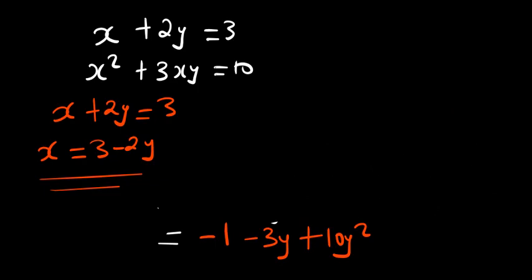So I don't have a calculator. Let's see if we can solve this one using factorization. So let's say 10y squared minus 3y minus 1. Okay, can we even do this? Let's say the product, it is negative 10.